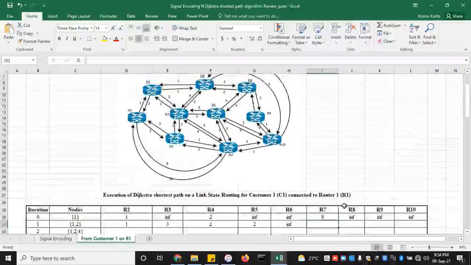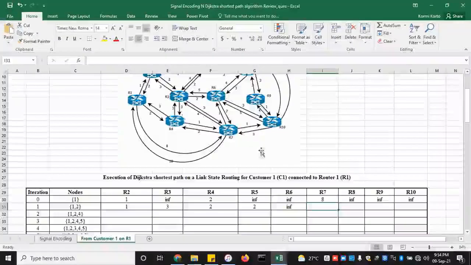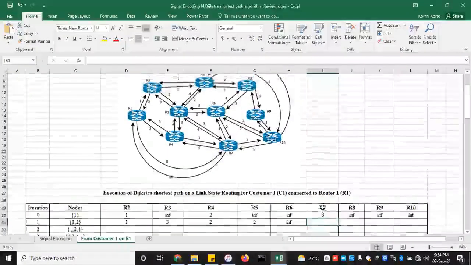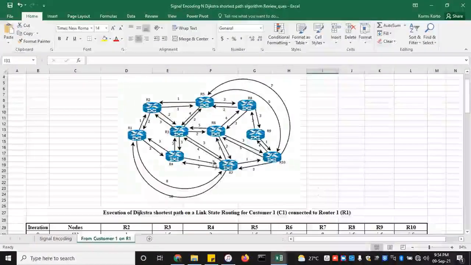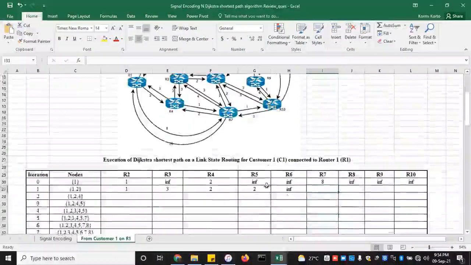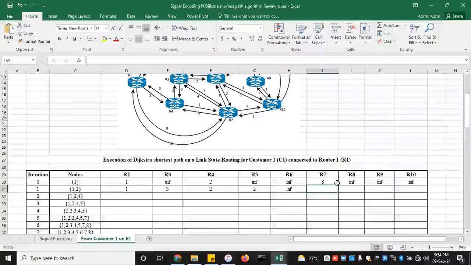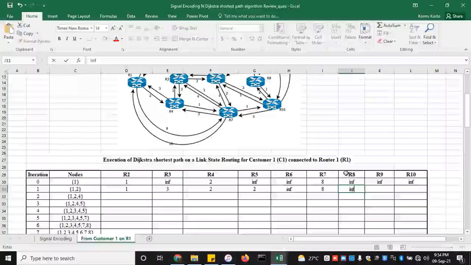What about 8? 8 is right up here and it's way off from either 1 or 2, so that would be infinite. Oh, sorry, 7. 7 is still directly connected to 1, so you can still get that same 1. But router 8 on the other hand is way off from 1 and 2, so it will still remain infinite.